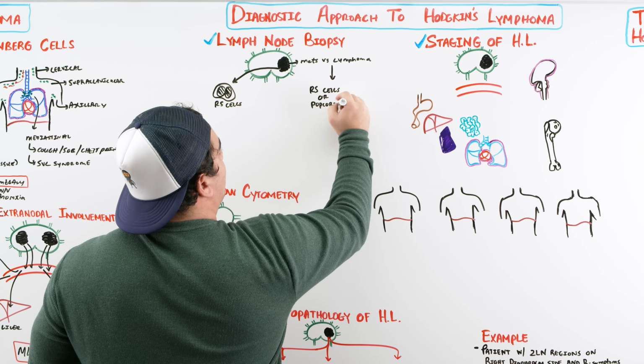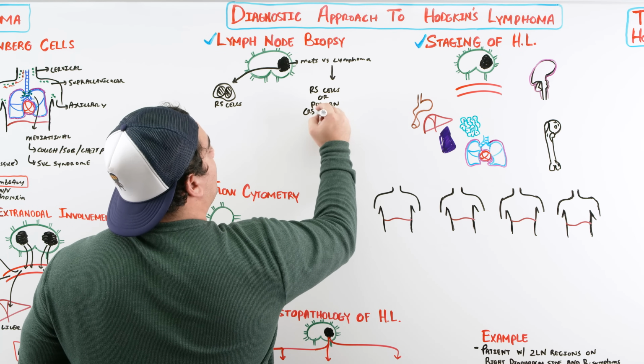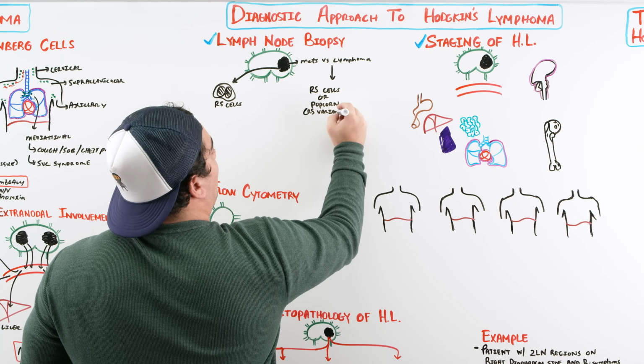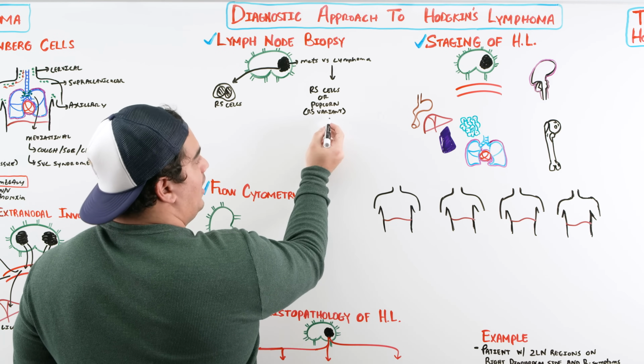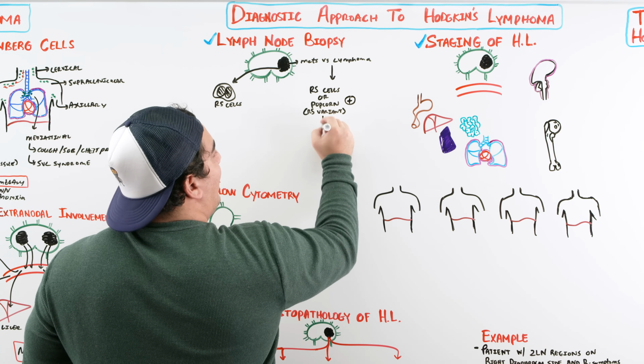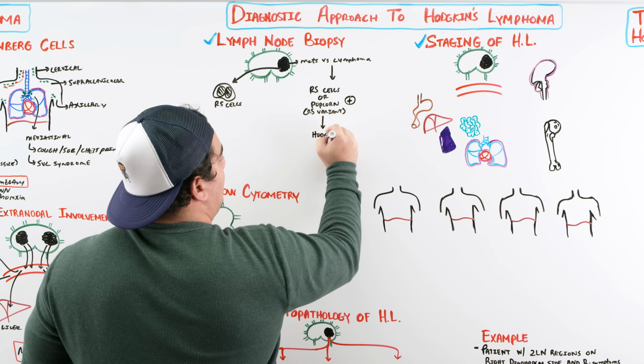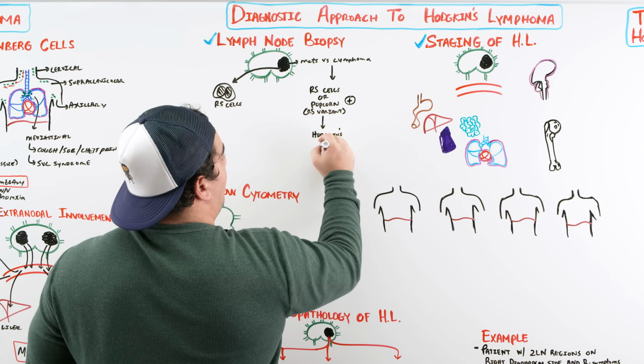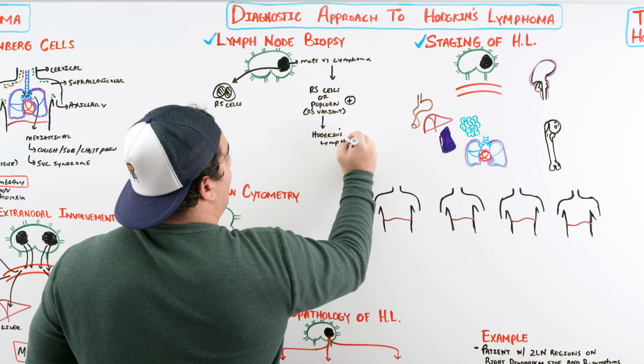So these are basically a Reed-Sternberg variant. They are kind of pretty much equivalent to them. If that is present, right, if these are positive, then you have Hodgkin's lymphoma. That is really what it comes down to, my friends.